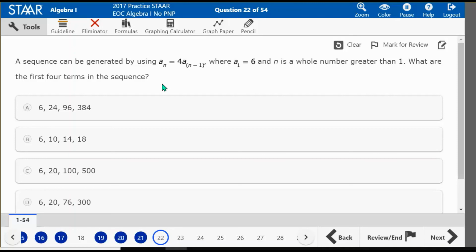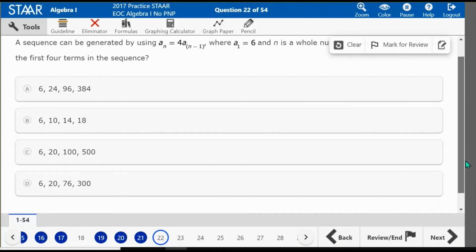I'm just not going to read the rest. What are the first four terms of the sequence? So we know our first term is 6.